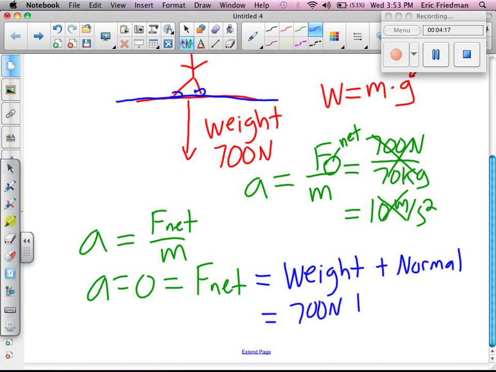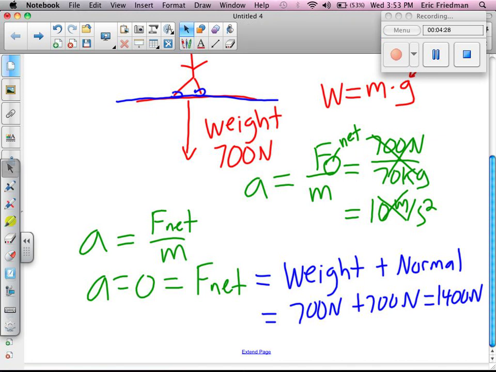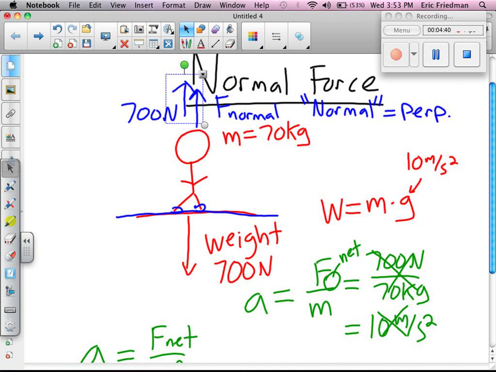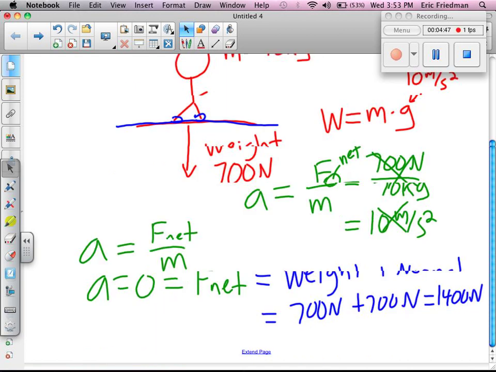Now you might say, wait a minute, you can't do that, because that's 700 newtons plus 700 newtons, and that's going to give me 1400 newtons, not 0. We have to remember that these are vectors. We're adding them up like vectors. So this needs to account for the fact that one of them is going in the opposite direction. That one's going up, and this one's going down.